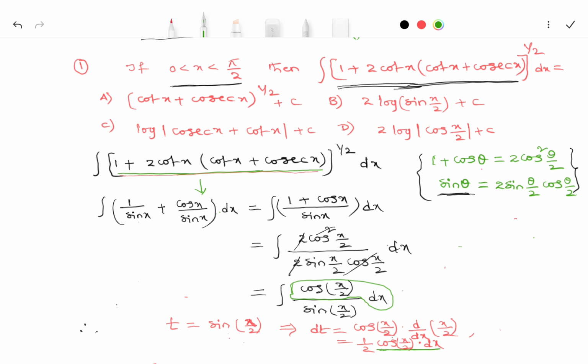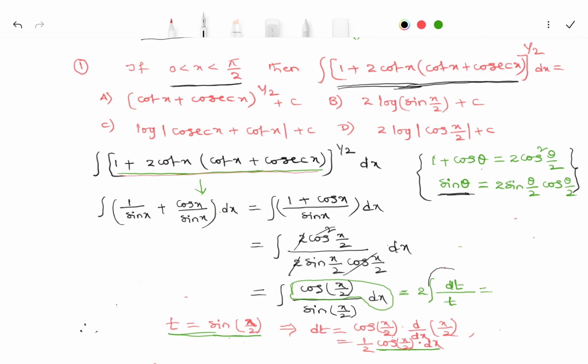So you can substitute: the integration of 2 into dt, with 2 outside, divided by sine of x by 2, which is t. This is the complete expression.